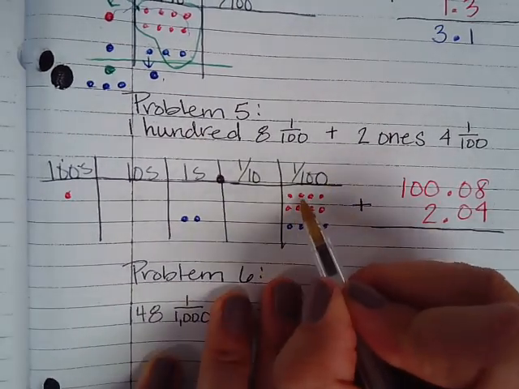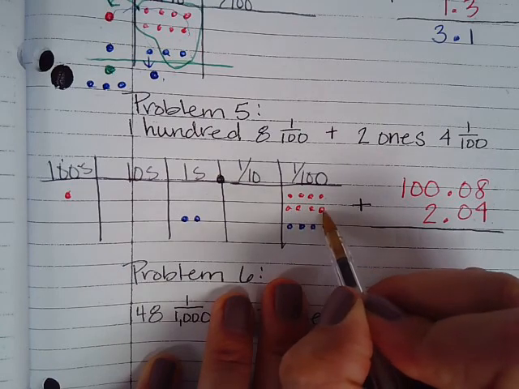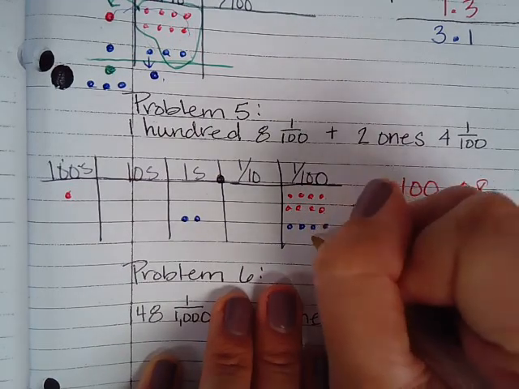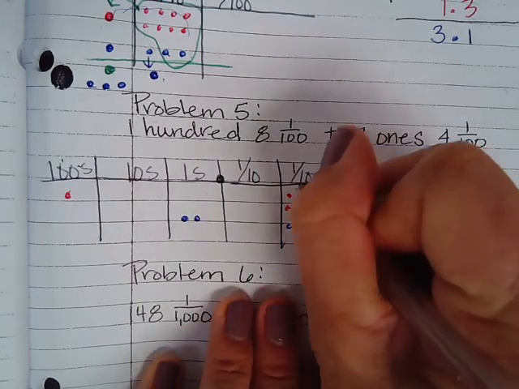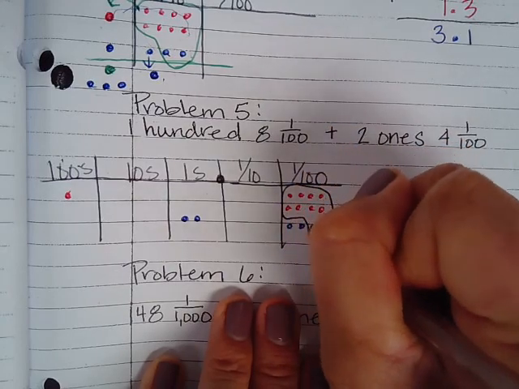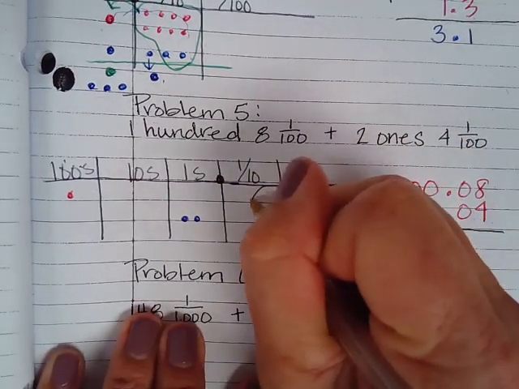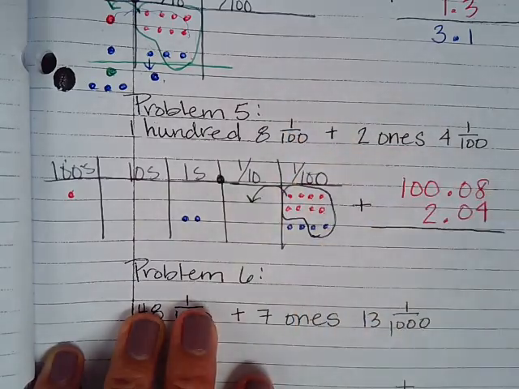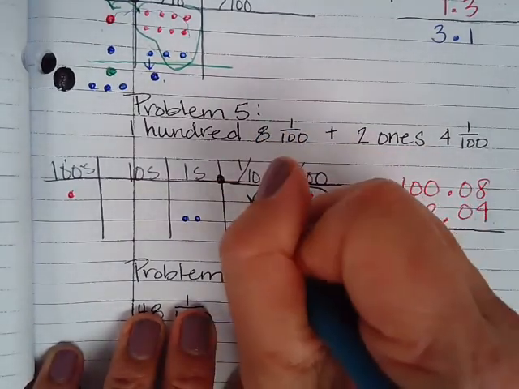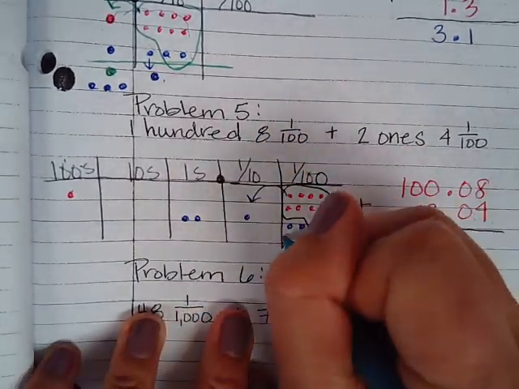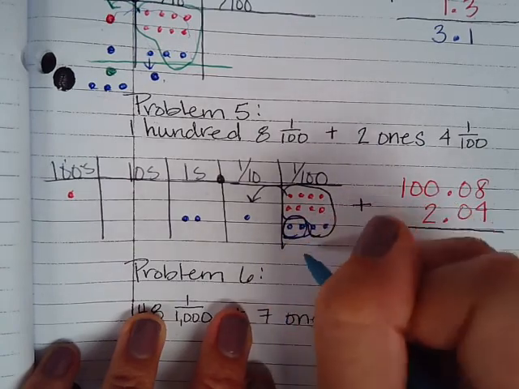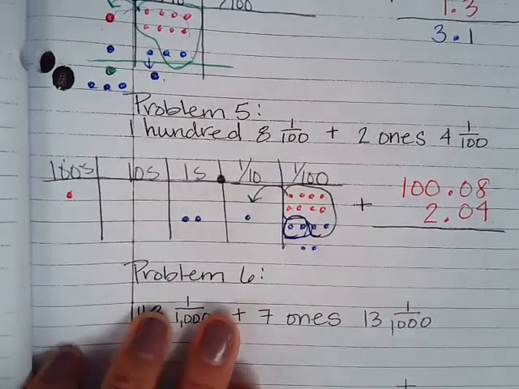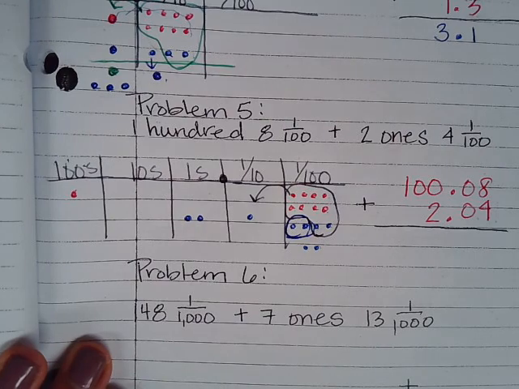So 1, 2, 3, 4, 5, 6, 7, 8, 9, 10. I'm going to grab this 10 and I'm going to move it over, and we're going to add 1/10 here. How many are left over? 2 are left over.